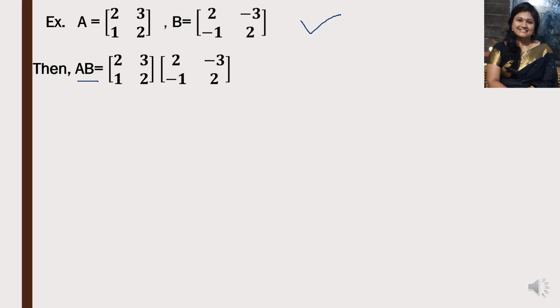So first multiply this row, that is 2 3, to this first column, right? Now 2 3 multiplied by 2 minus 1: 2 into 2 is 4, 3 into minus 1 is minus 3, so 4 minus 3 is 1, right?